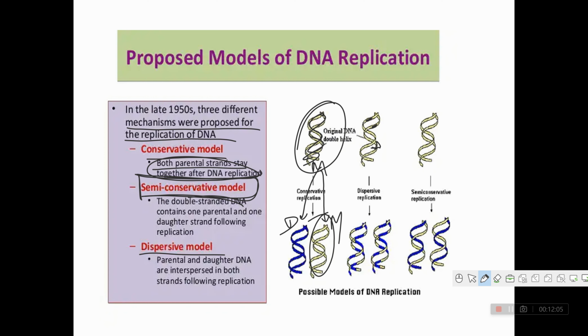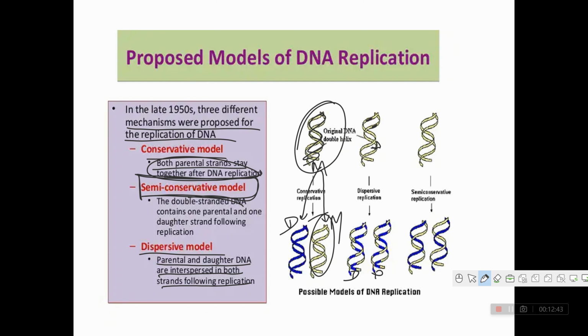Parental and daughter DNA are interspersed in both strands. After replication, both strands have interspersed parental and daughter DNA. They are not separated, right?